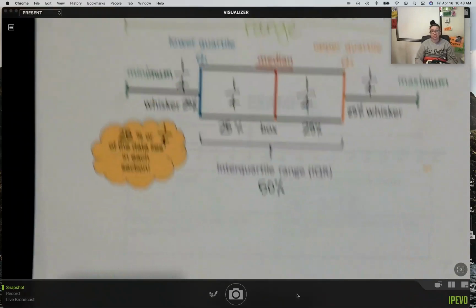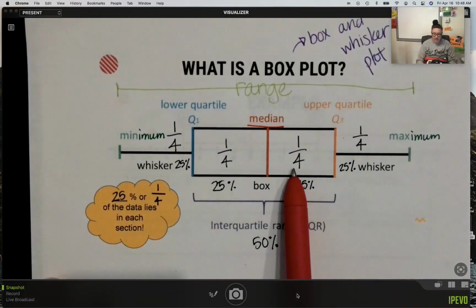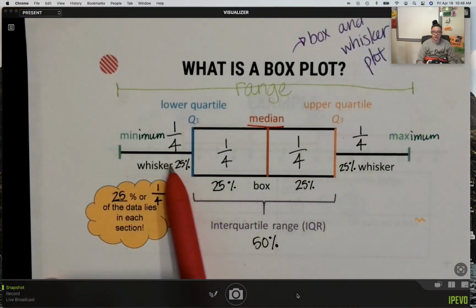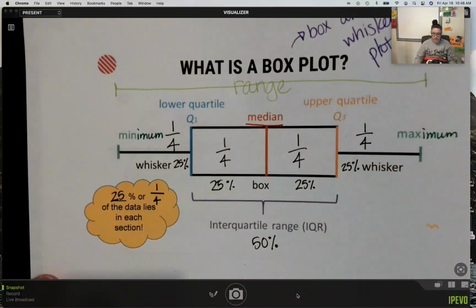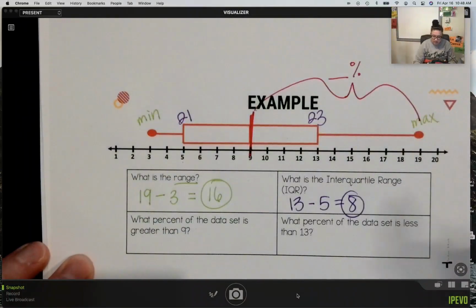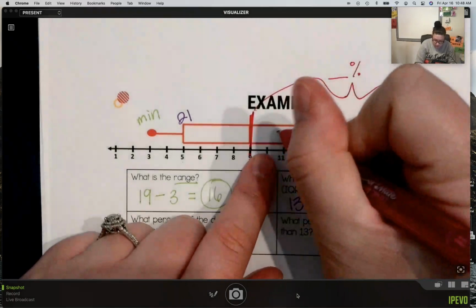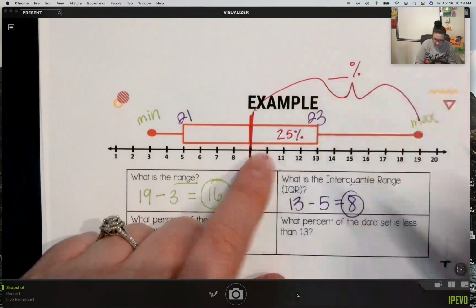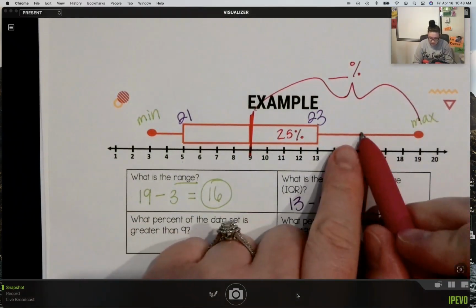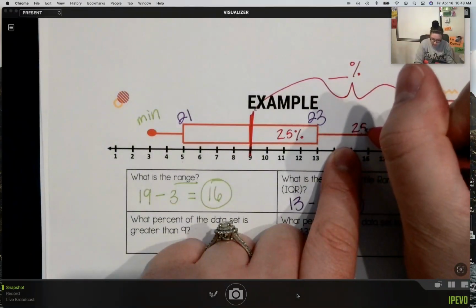It doesn't matter how big or small that section is, they all have 25% in them. So that means that this box has 25% of my data. This box has 25% of my data.